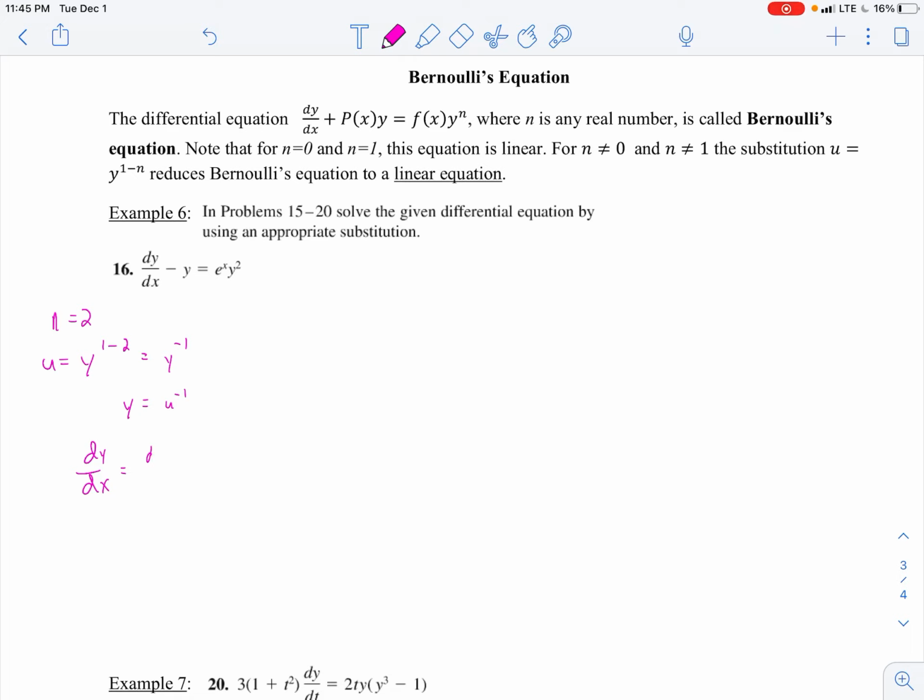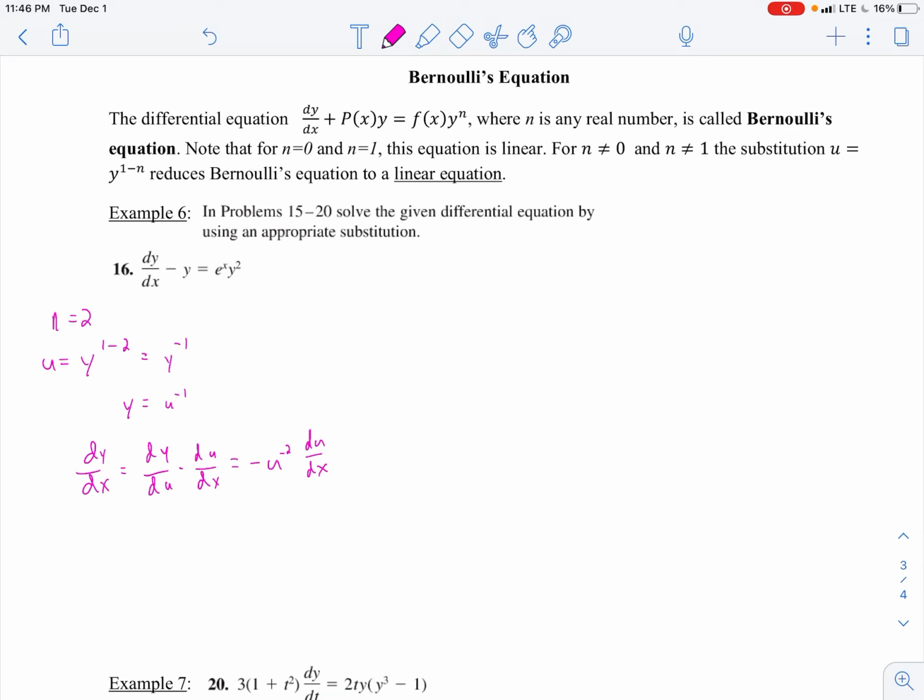So we'll have dy/du times du/dx. Now we know what dy/du is. This is taking the derivative of u to the negative 1, so it's negative u to the negative 2, but then we don't have du/dx.